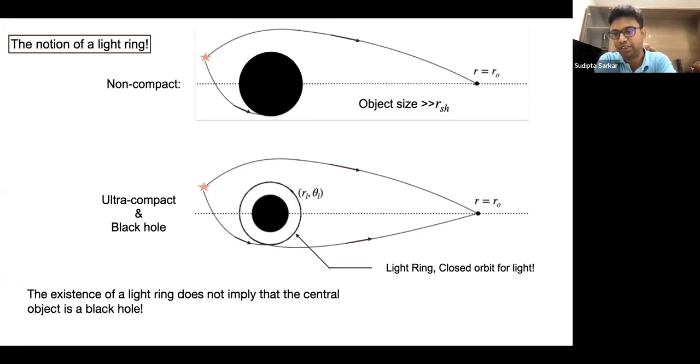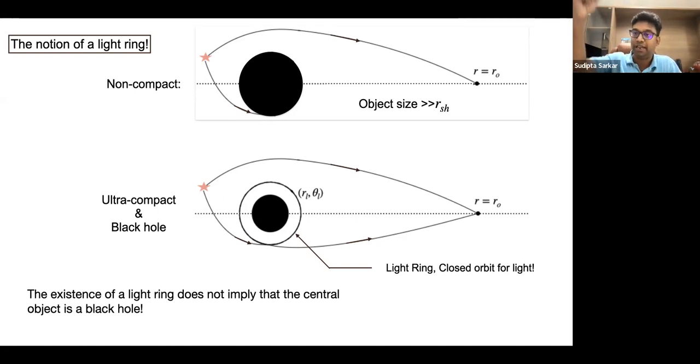Take the sun, for example: you have the simple bending of light, which we understand. But if the compact object radius is relatively smaller, particularly smaller than a threshold value, which we will come back to in the accurate description, then we call it an ultra-compact object. So for an ultra-compact object, there exists a circular null geodesic outside.